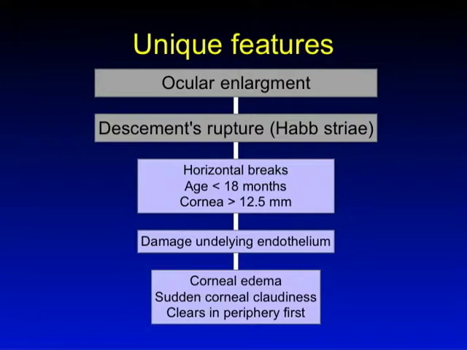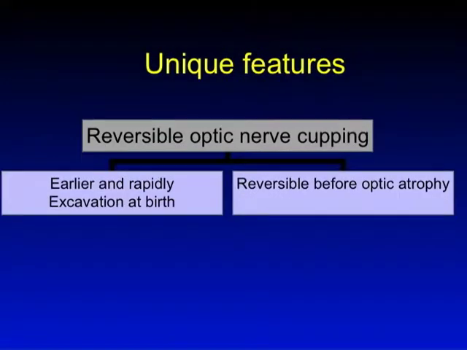More vertical breaks in Descemet are usually related to birth trauma. That's a good way to make a differential diagnosis. Well, we mentioned that here. Reversible optic nerve cupping. That doesn't happen in adult patients, and it can happen in kids before optic nerve atrophy.